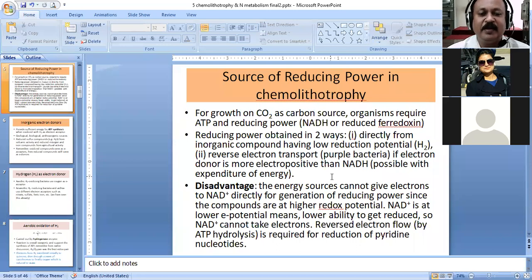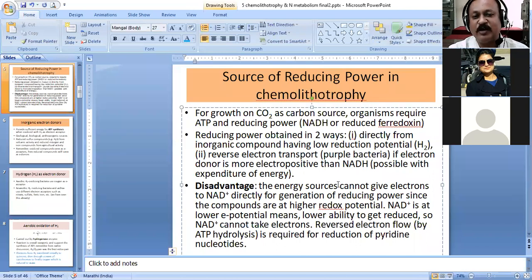Is it okay? That is the major disadvantage of chemolithotrophy. But if there is an electron donor available whose electrode potential is lower, then it can give the electrons directly. If it is not the case, then reverse electron transfer will be required for chemolithotrophy. Is it okay?